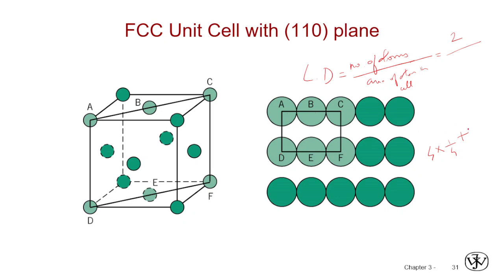So 2 atoms, each shared by 2 unit cells, we get 1 plus 1, which is 2. And then the area of the unit cell here is like a rectangle.